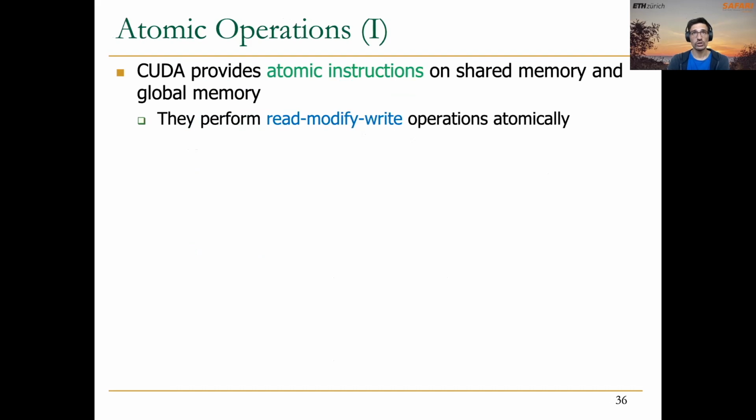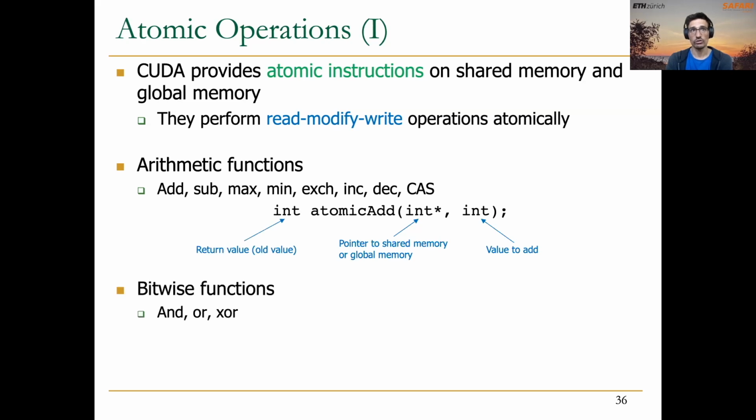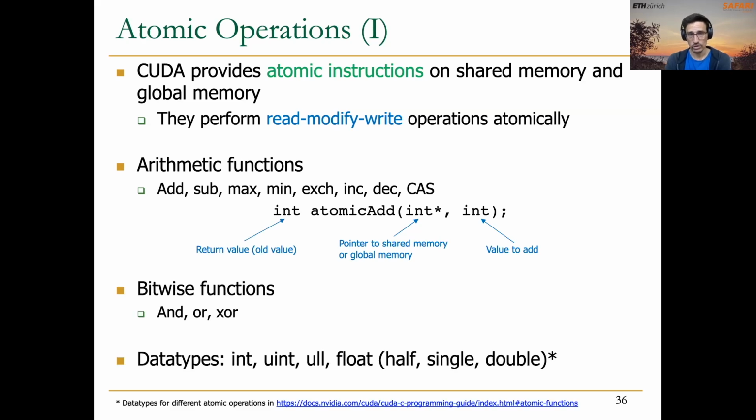Remember that we introduced atomic operations in the previous lecture. Atomic operations perform a read, modify, write operation atomically. There are different flavors of atomic operations for arithmetic functions and also for bitwise functions and different data types as well.